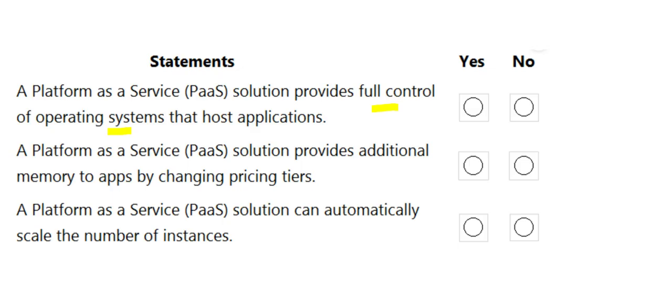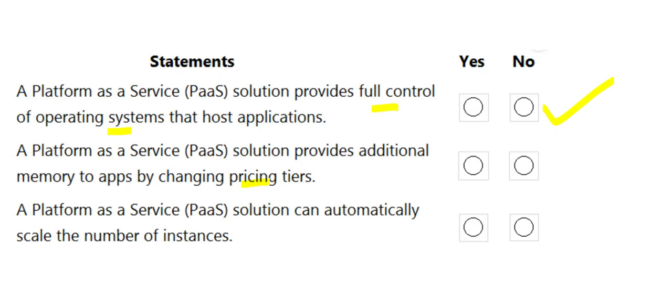Like you use a database in Azure, you don't know unless you have installed that database on a VM, Azure VM, then you will know. But then that is infrastructure as a service. So this is no. The PaaS solution provides additional memory to apps by changing pricing tiers. Yeah, PaaS solutions, you see Synapse, Azure SQL Server, etc. They have pricing tiers.